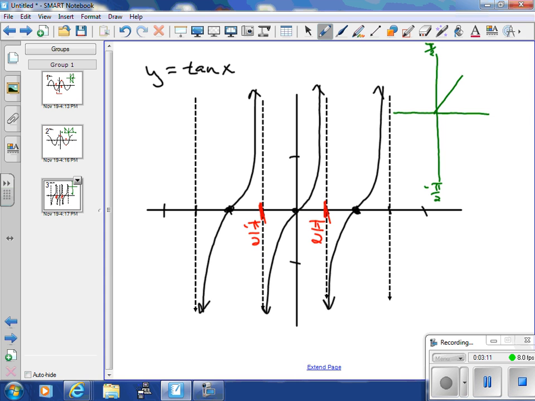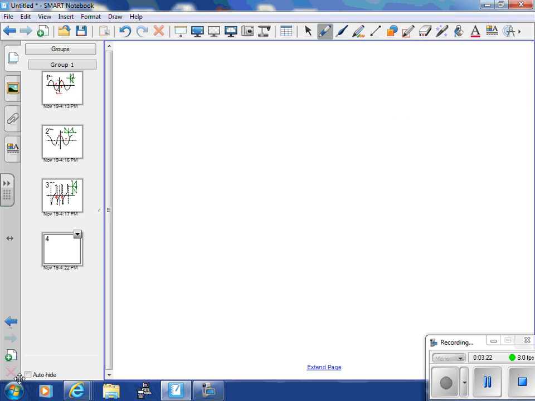Okay, so my triangles for this are either going to be drawn up here, or they're going to be drawn down here. So we'll take a look at a few examples here.